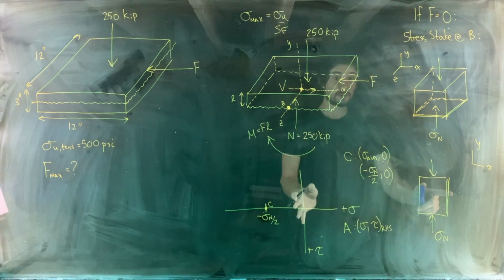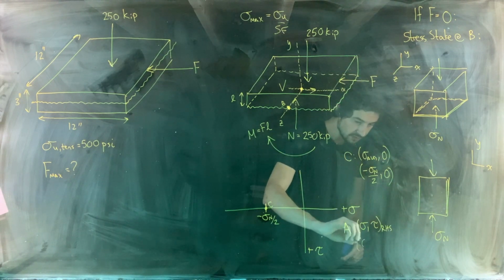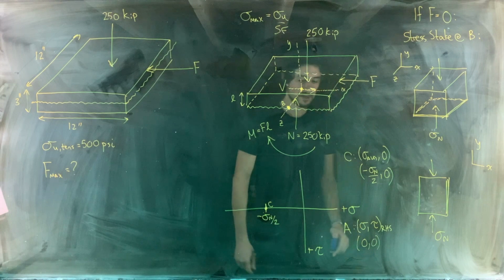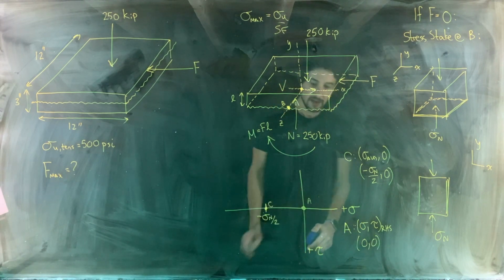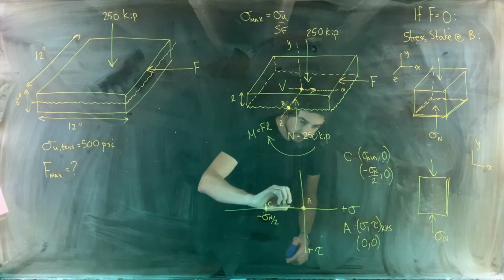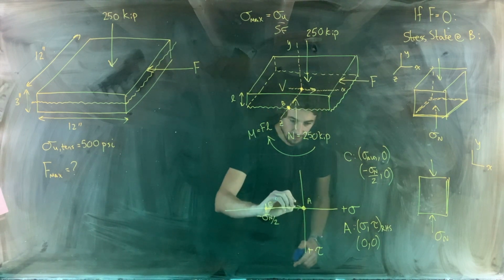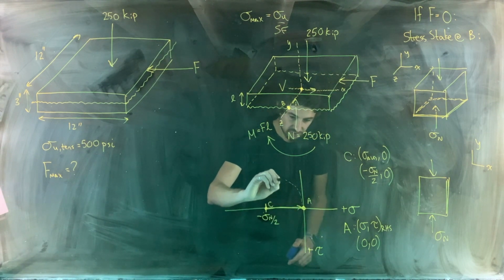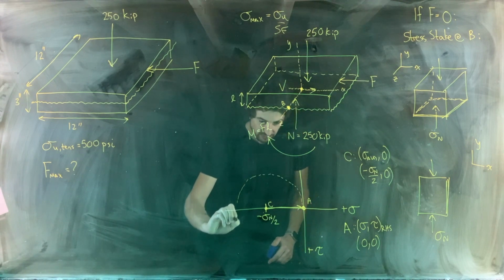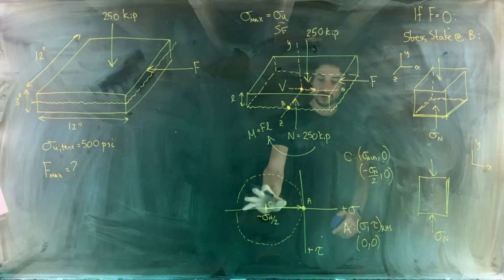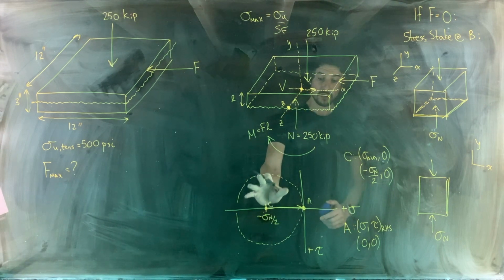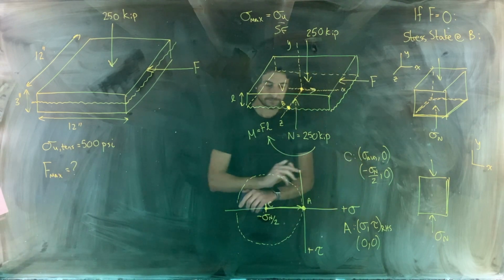And there's no stress present on the right-hand side, so we just have 0, 0 there. So here's point A here. And our radius stretches from C to A, and then we have our circle. And I'm just drawing this as a dashed line because we're going to draw another circle that we're actually going to end up using. Okay.